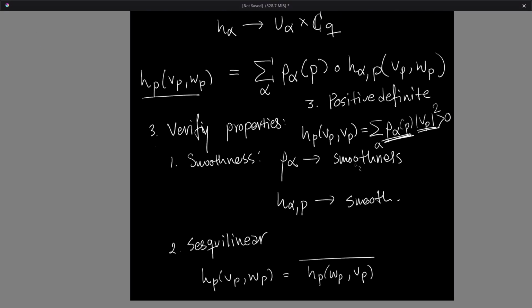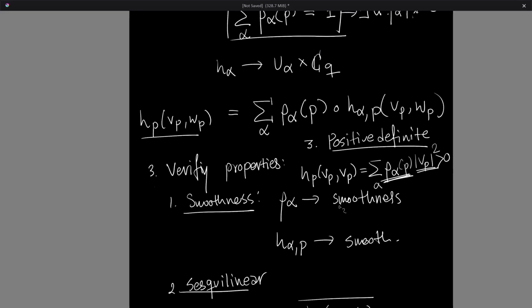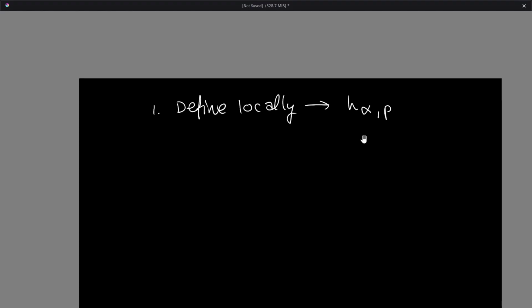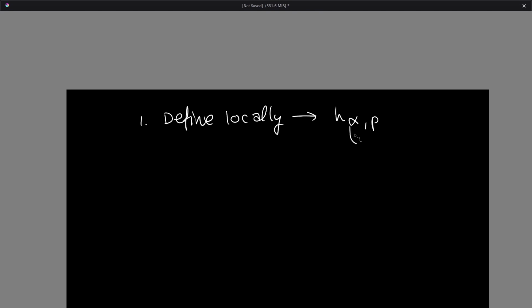So since we've verified these three, this is a proof sketch. We haven't gone into detail and proved everything, but I hope you get the idea that there were these 3 steps that we did. We defined it locally. That was H alpha P, where alpha told us which local chart we were looking at.